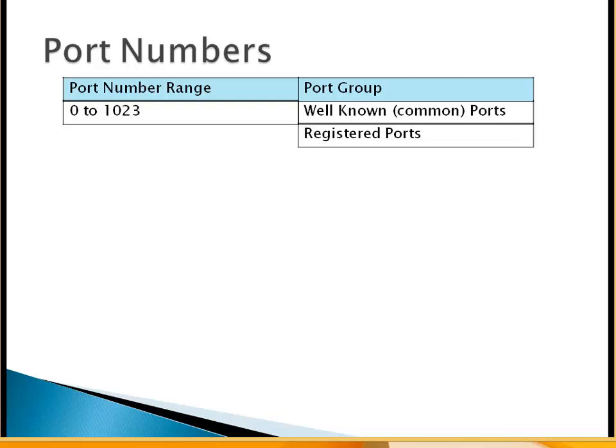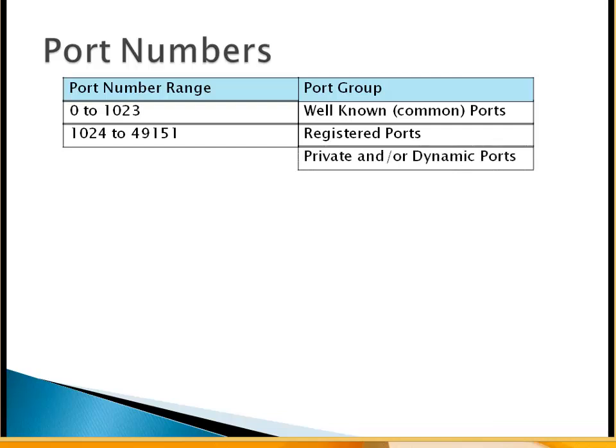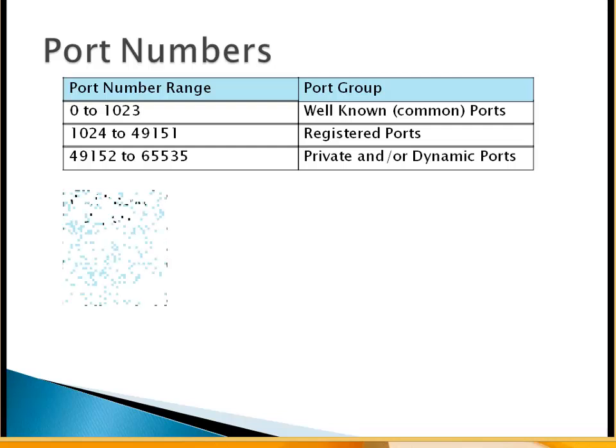Then we have registered ports. Registered ports are from 1024 to 49151. The registered ports are a different port group to well known. Then we have private or dynamic ports, and this is 49,152 to 65,535.